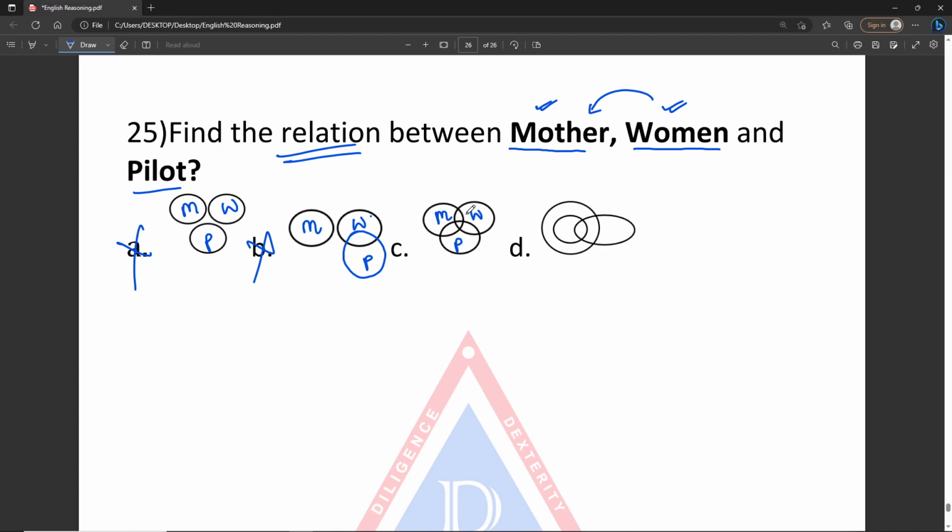See, this part of woman is left out and this part of mother is left out. We know that women are only capable of becoming a mother. So option C is also incorrect.